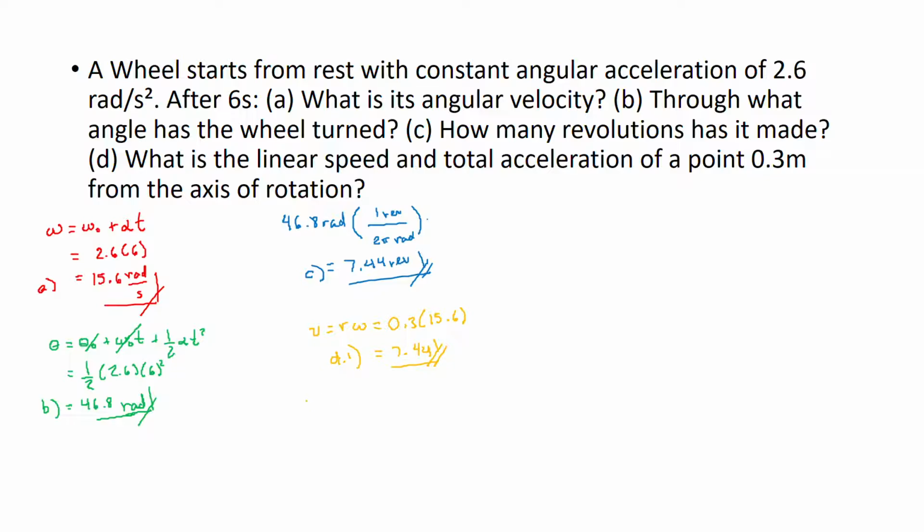Now for the total acceleration, this is very, very interesting. We need to compute first the centripetal acceleration. So that's going to be, let me write it over here, centripetal acceleration is equal to the linear velocity squared over the radius. That's going to be 446. No, what did I do? I just screwed up, sorry. This thing over here is wrong.